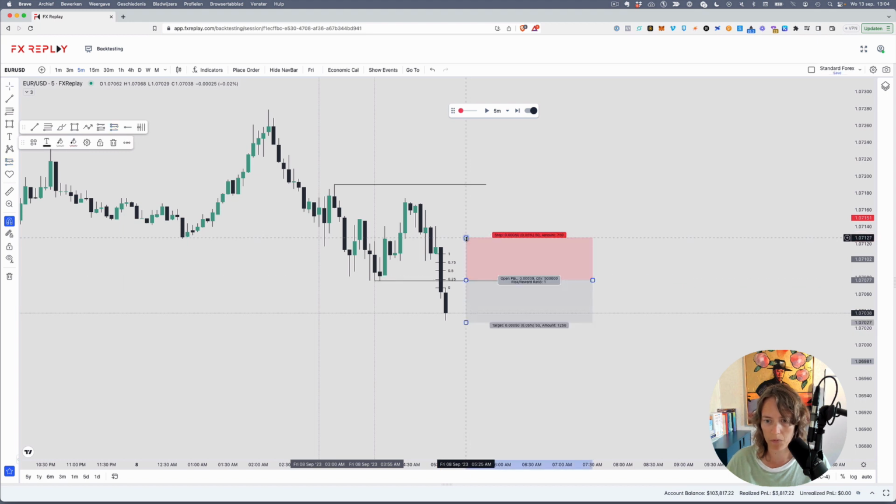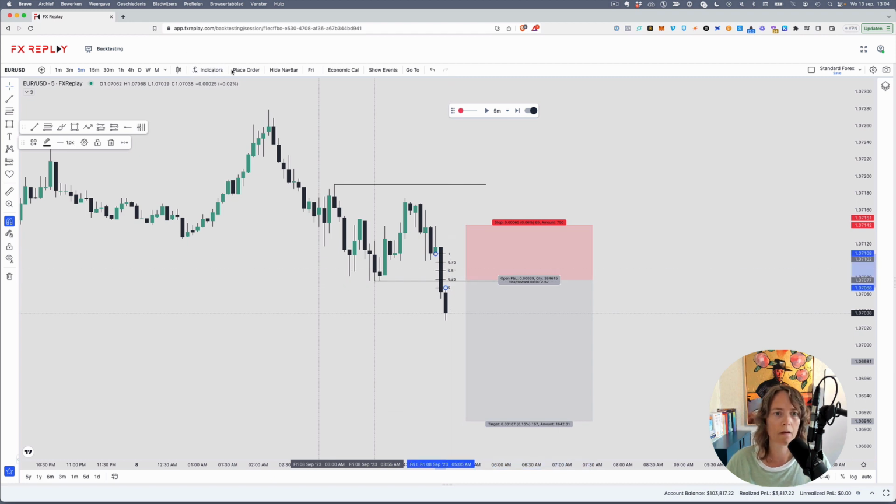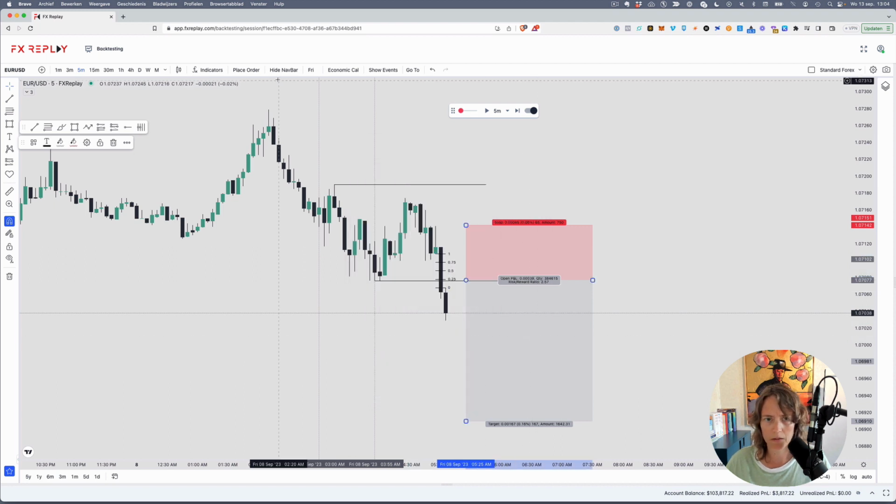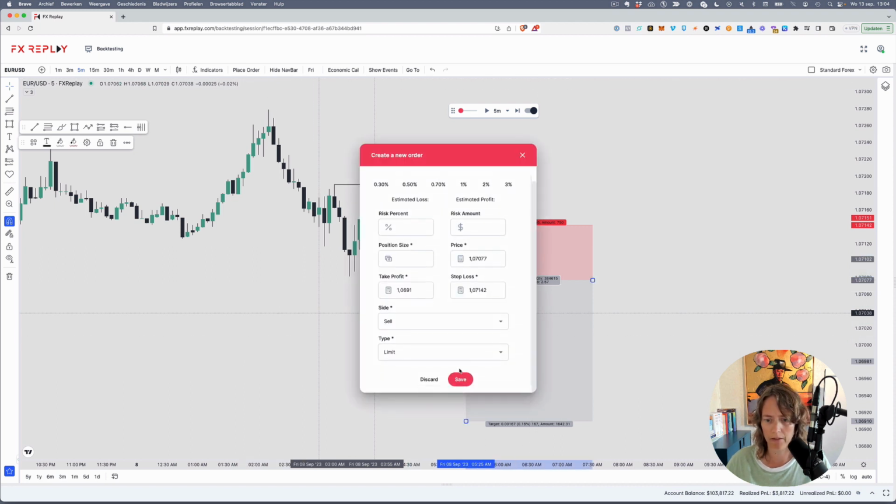Let me get in on the 25% above the fair value gap. 2.5. All right. Buy. That's not a buy. So yeah, that's correct. Order not complete. 1%.